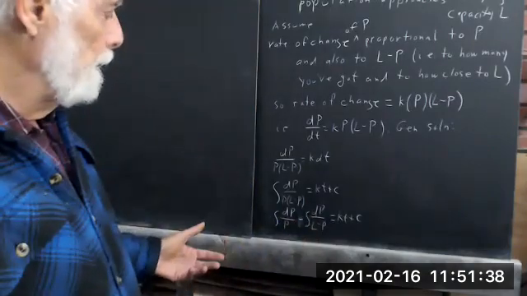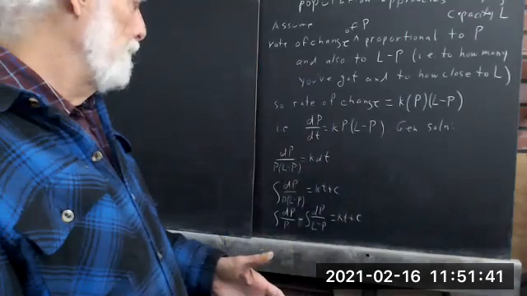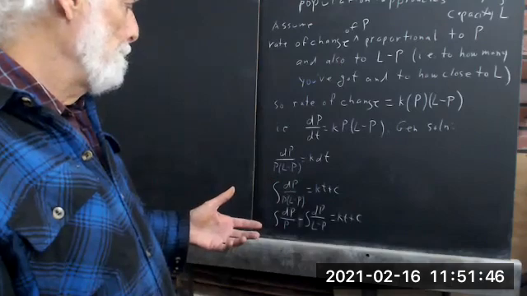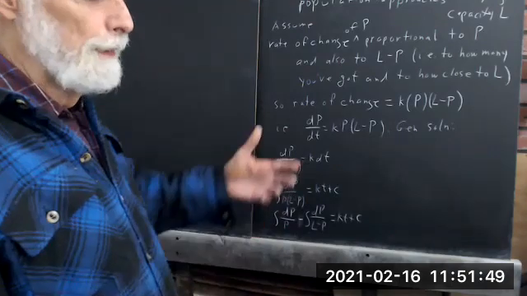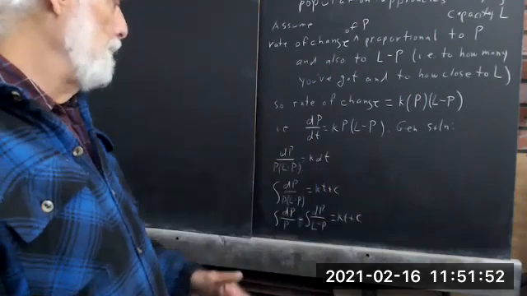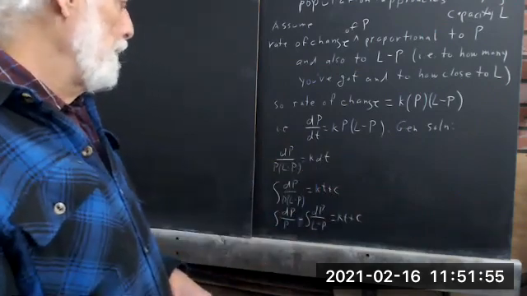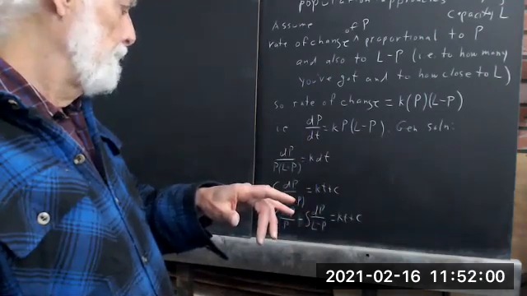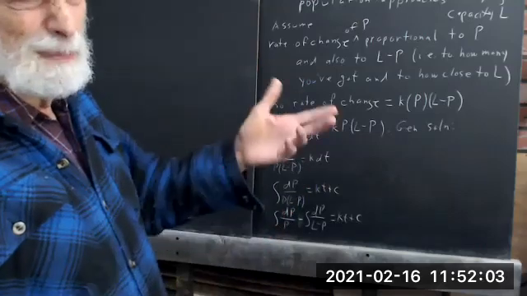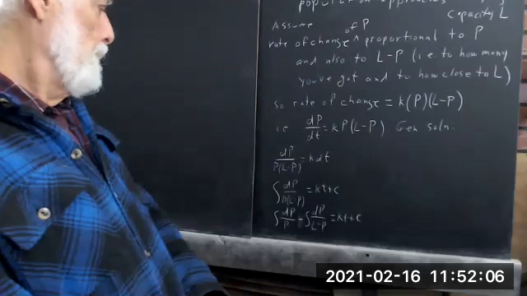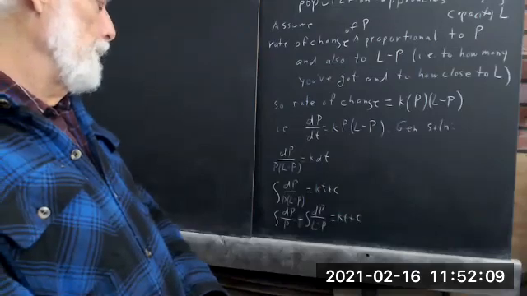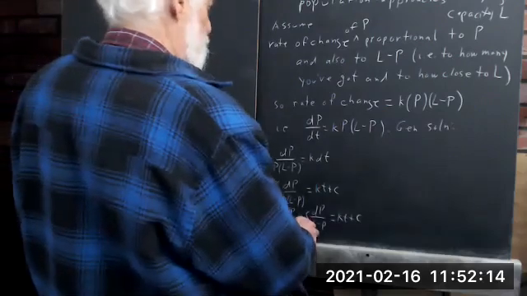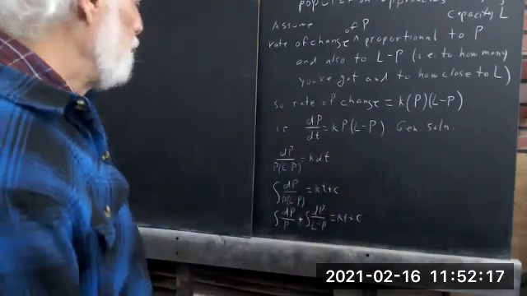Now, if we do 1 over P minus 1 over L minus P, well, that's L minus P, 1 over P, minus P over P times L minus P. It's L minus P minus, getting negative signs messed up, P over L minus P plus 1 over L minus P. The minus sign comes in the integration here.